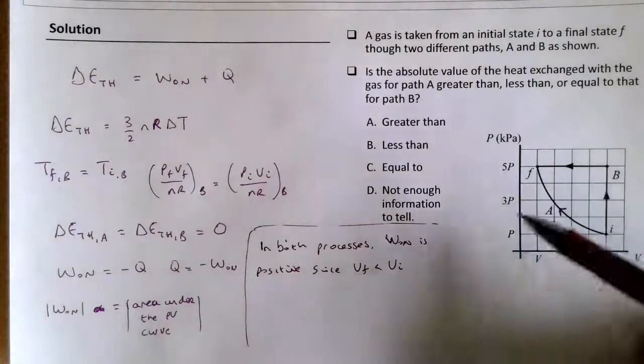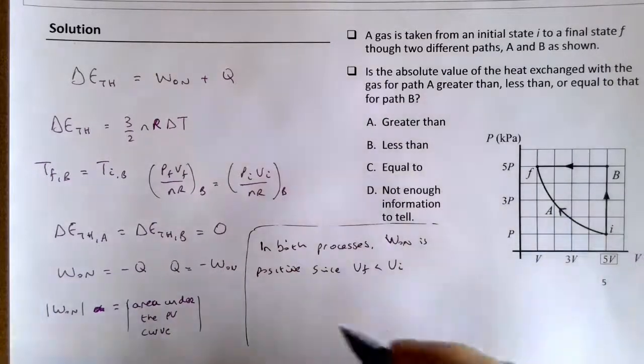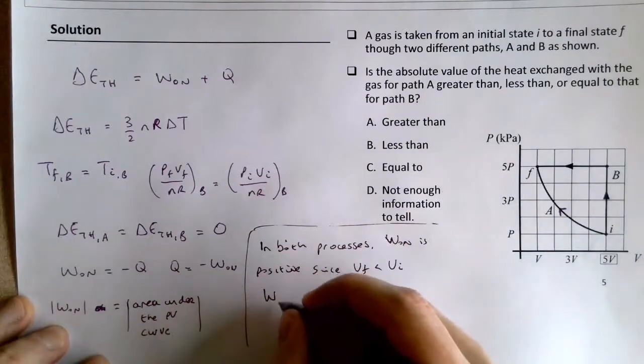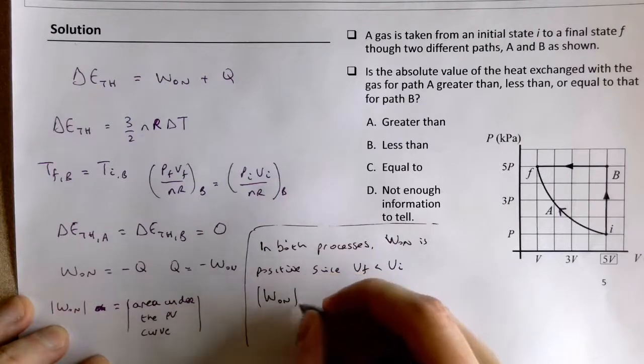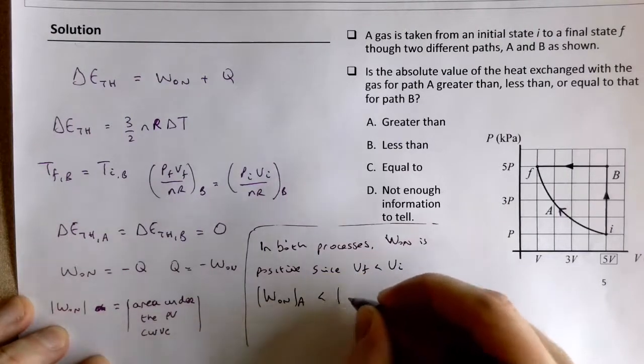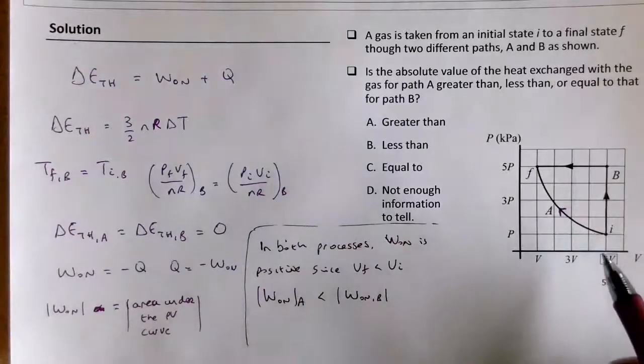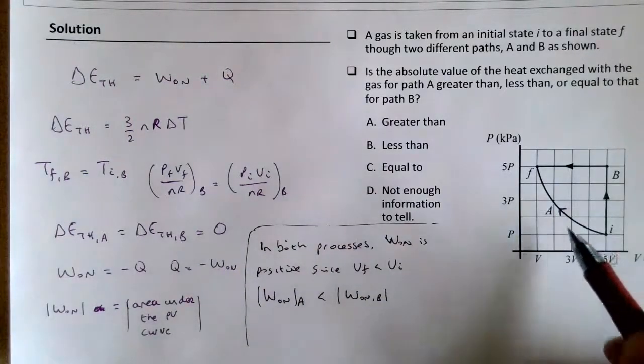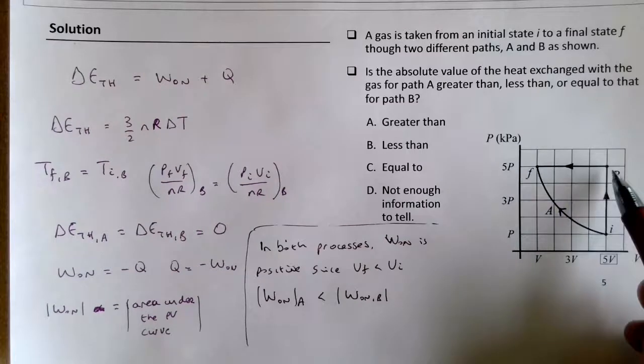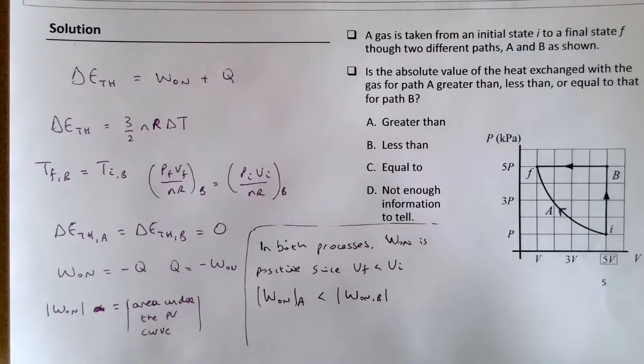Again, the work on is equal to the negative area under the curve, so I know that the absolute value of the work on in process A is less than the absolute value of the work on in process B, since the area underneath the curve for process A is significantly smaller than the area underneath the curve for process B.